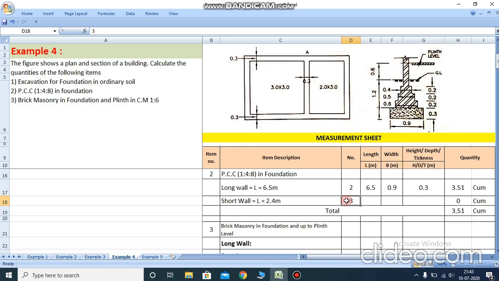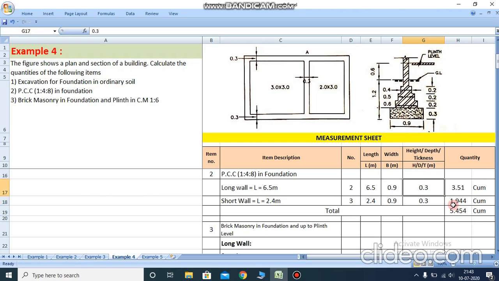So the length we already calculated is 2.4 meter, and the width we found from the sectional part. So here width is given 0.9 meter and thickness of the PCC work is given 0.3.